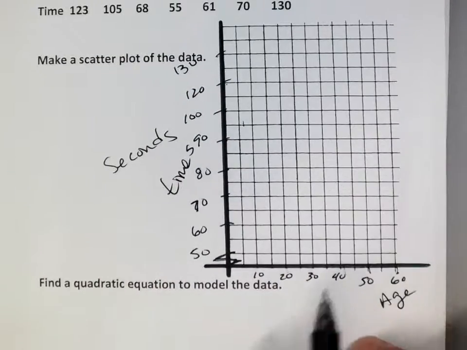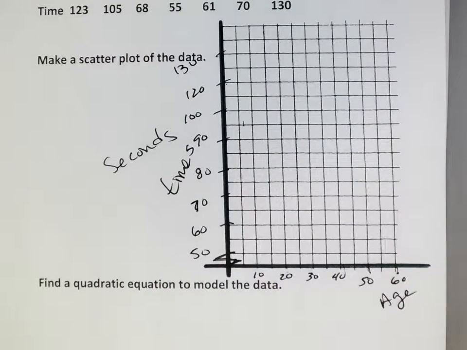I like to do my little accordion squishy because everything from 50 below, there's no time, so we just squish that part of the graph away. It gives me a better look at the graph.